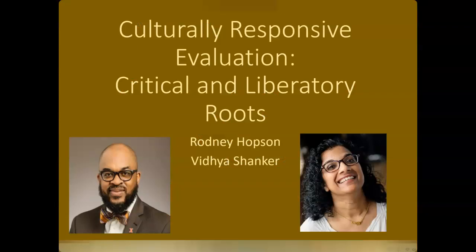The subtitle of the chapter on culturally responsive evaluation is Critical and Liberatory Roots, which brings forward a purpose for evaluation that goes beyond use to making evaluation part of changing society.